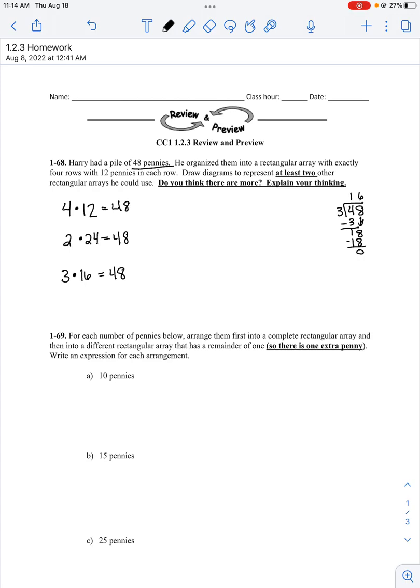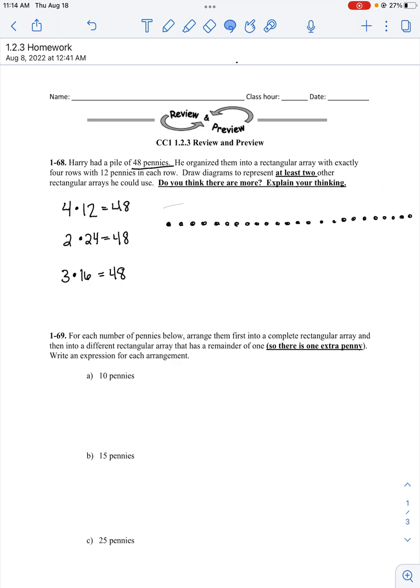I'm going to draw my rectangular array for 2 times 24 and 3 times 16, or 2 rows of 24 pennies. 2, 3, 4, 5, 6, 7, 8, 9, 10, 11, 12, 13, 14, 15, 16, 17, 18, 19, 20, 21, 22, 23, 24.